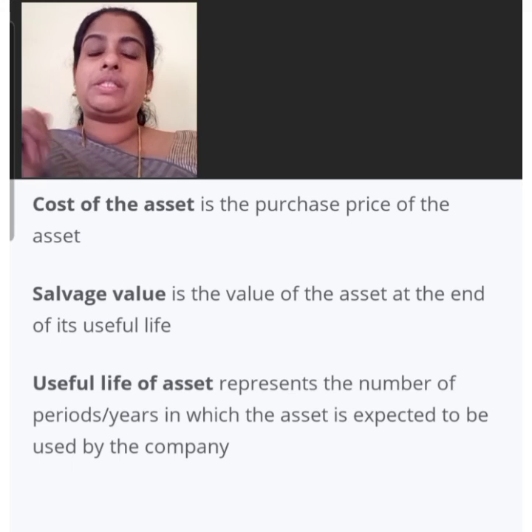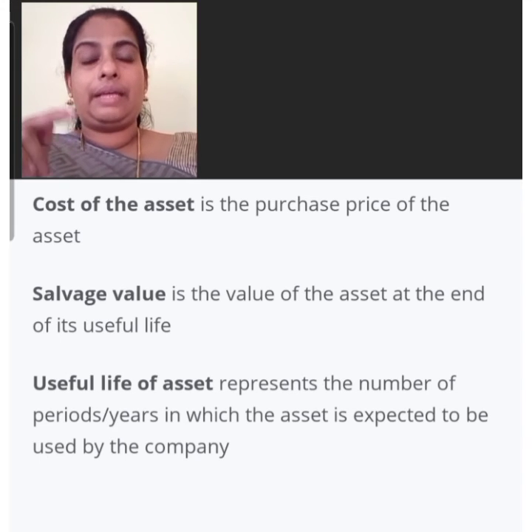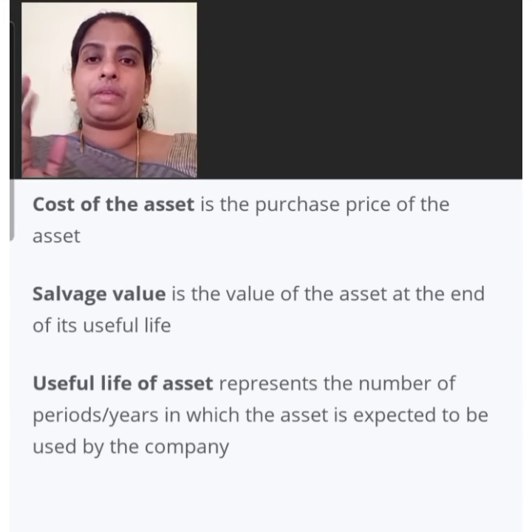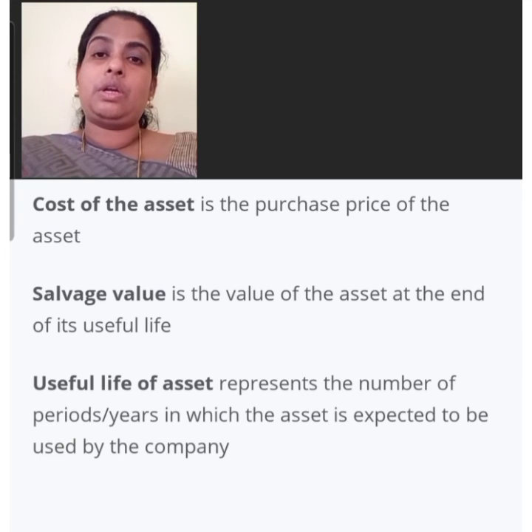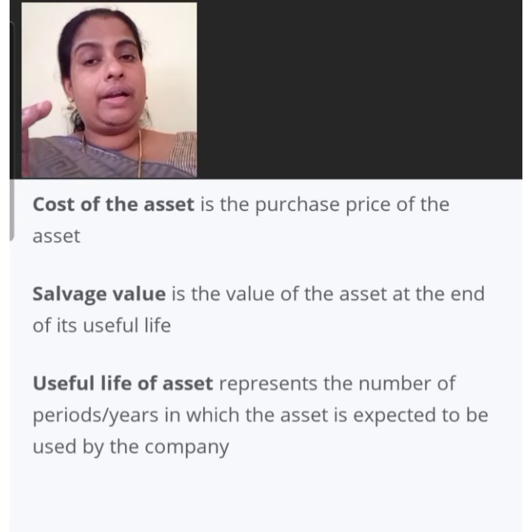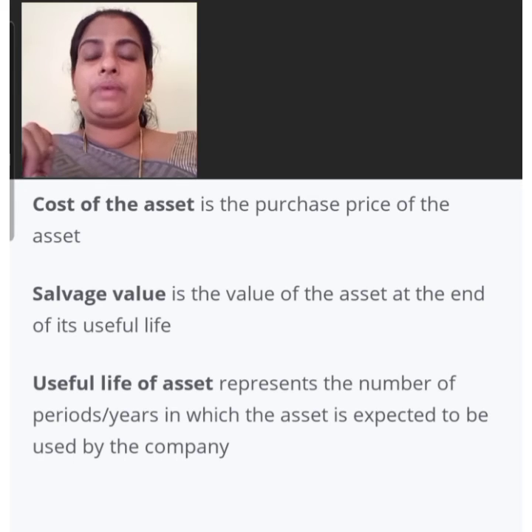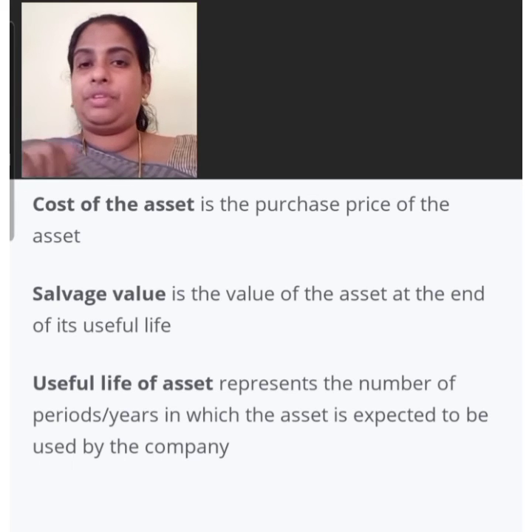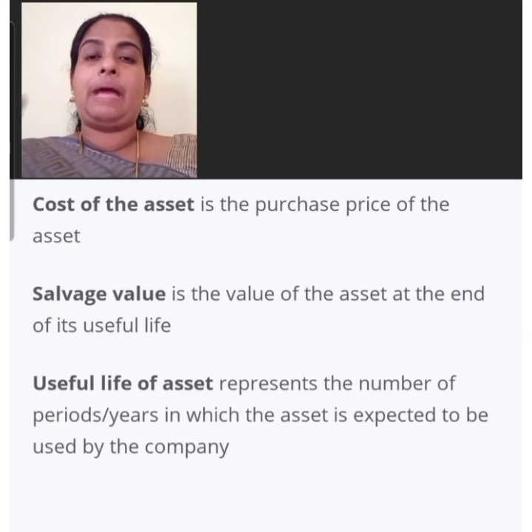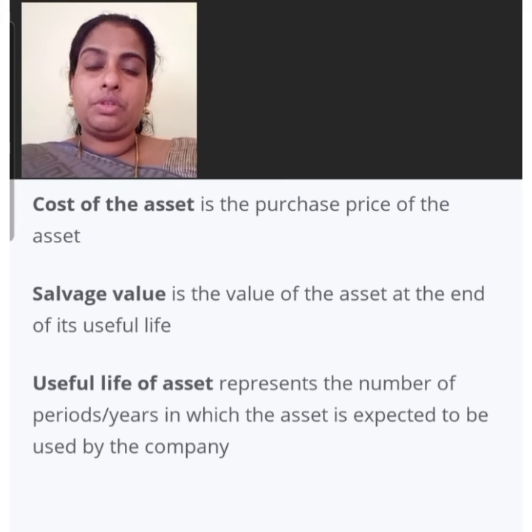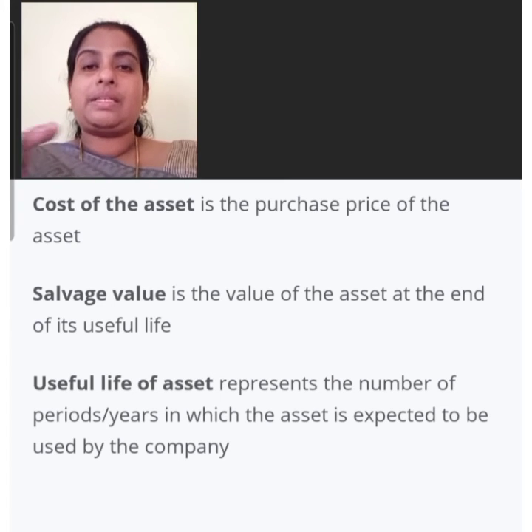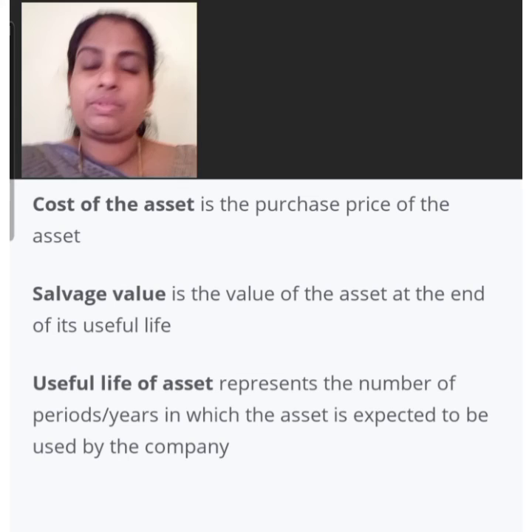So the amount of depreciation equals 5,000 into 10% into 6 by 12. 5,000 into 10% equals 500 rupees. 500 into 6 by 12 equals 250 rupees. So the total amount of depreciation of 2 machines equals 1,000 plus 250, that is 1,250 rupees.